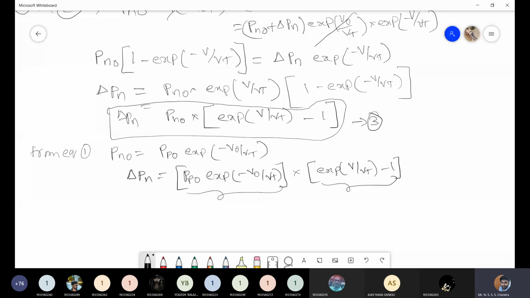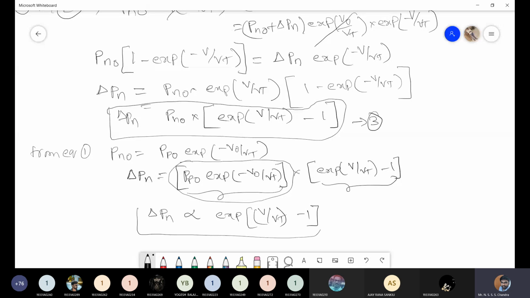So this entire term is a constant term, whereas in the second expression you have V. So your voltage is changing, and your exponential value will again change. So I can write that delta Pn is proportional to exponential of V by Vt minus 1.